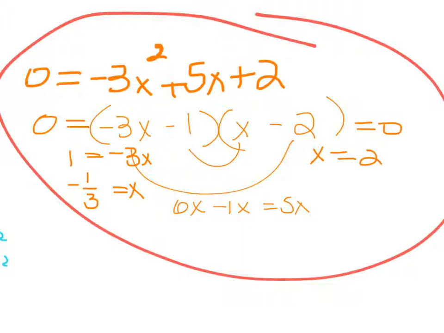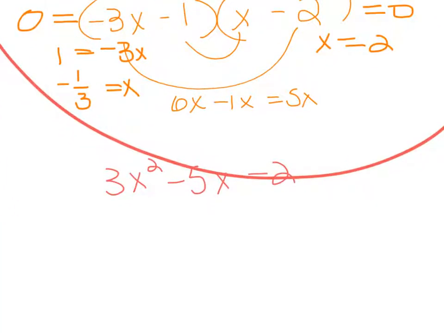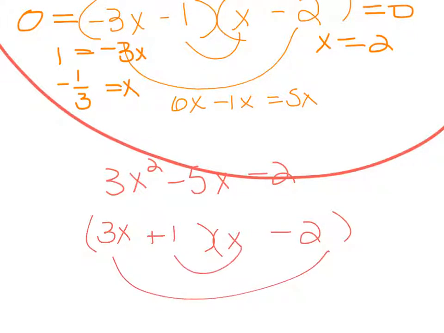You can take out a negative, like you can multiply everything by negative 1 because it's set equal to 0, if that first digit confuses you, but you still get the same answer. So then this is a positive 3x and an x. Factors of negative 2 that, when multiplied out, would sum to that negative 5 would be negative 2 and positive 1. You'd still get a negative 1/3 and a positive 2.